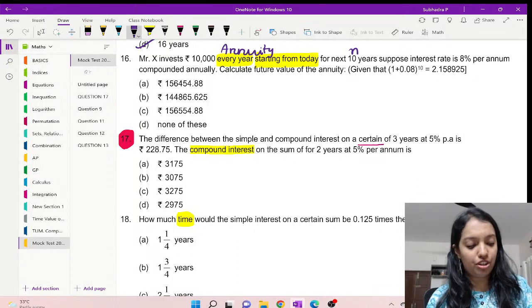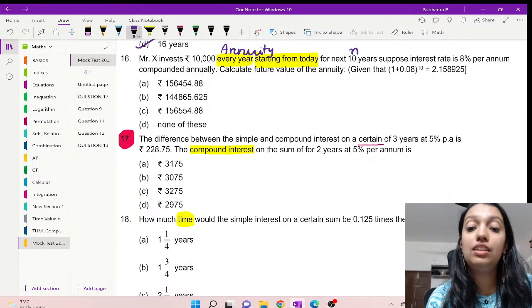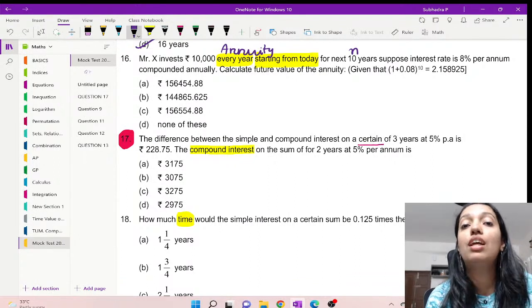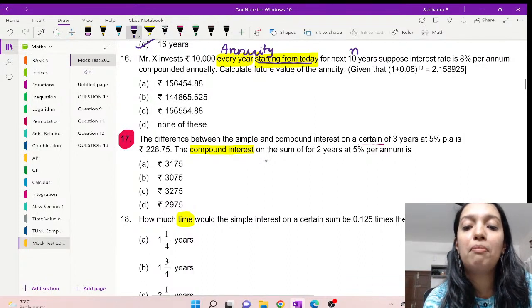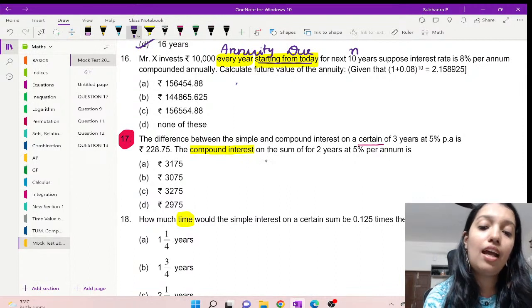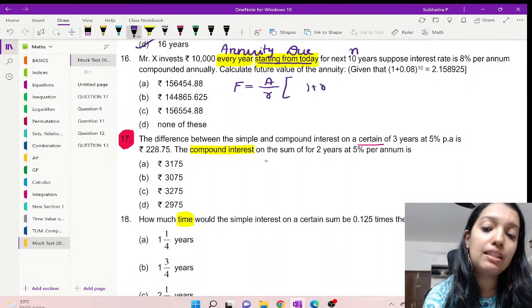How do you find future value of annuity? This is what? Annuity due, annuity immediate. What formula you have to use? Starting from today means annuity due. What is annuity due formula? F is equal to annuity divided by R into 1 plus R whole power n minus 1.